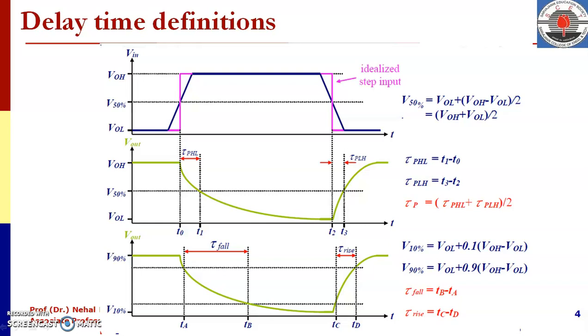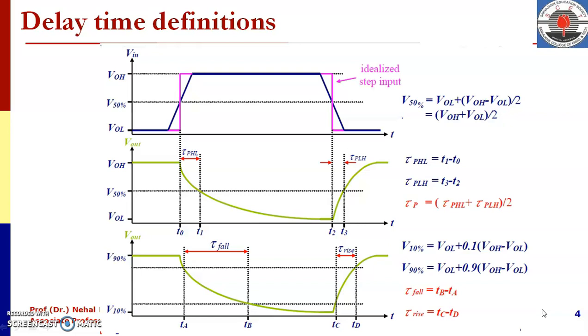On the y-axis, you can observe VOL, that is the logic low voltage, VOH, that is the logic high voltage, and V50%, that is when the input reaches 50%. Look at the third diagram, in which you can observe V10% to V90%, that is the output going from 10 to 90%, and how the signal is changing with time is being shown.